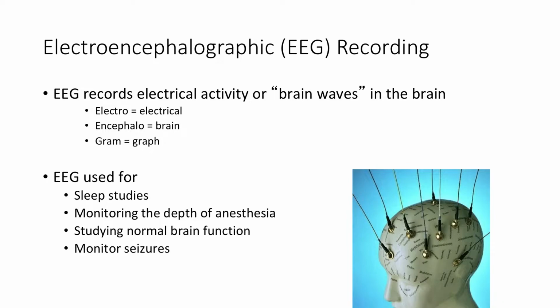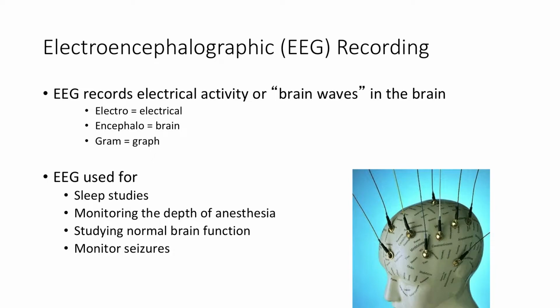One that it's often used for is epilepsy, and sometimes also for other seizure disorders. EEGs might also be helpful for other diagnoses that have to do with sleep studies or monitoring the depth of anesthesia during surgery. So you can also use it to study brain functions and diagnose and monitor the seizures that we just talked about.